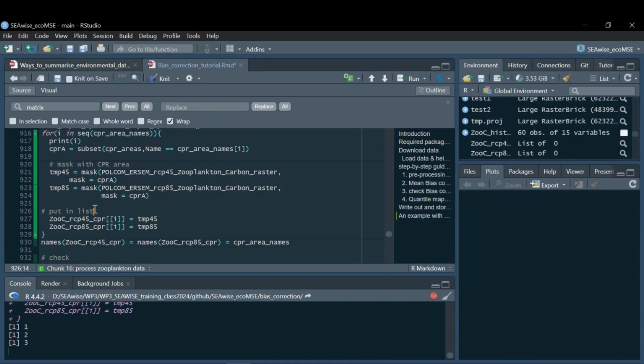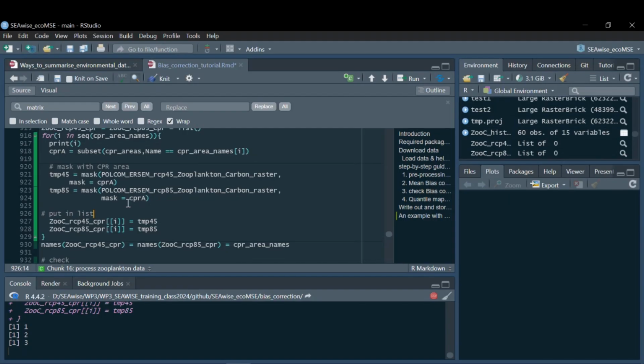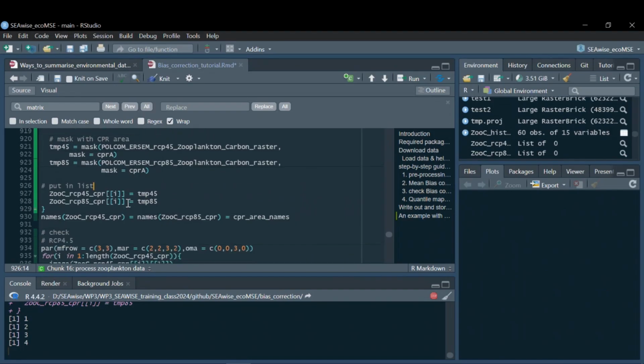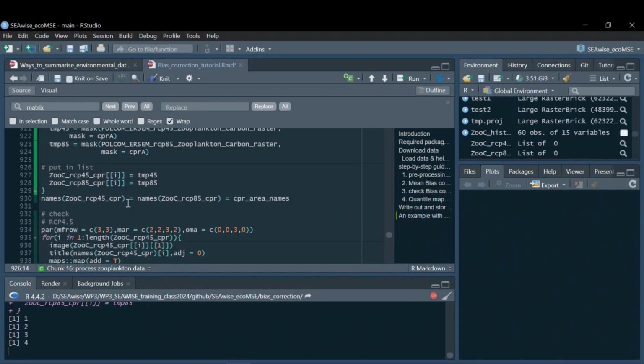I would possibly advise to do everything in the Terra package, basically the raster package, but the newly developed version. It's called Terra, and it's much faster. And yeah, here I just have old code, so it's a bit slow.